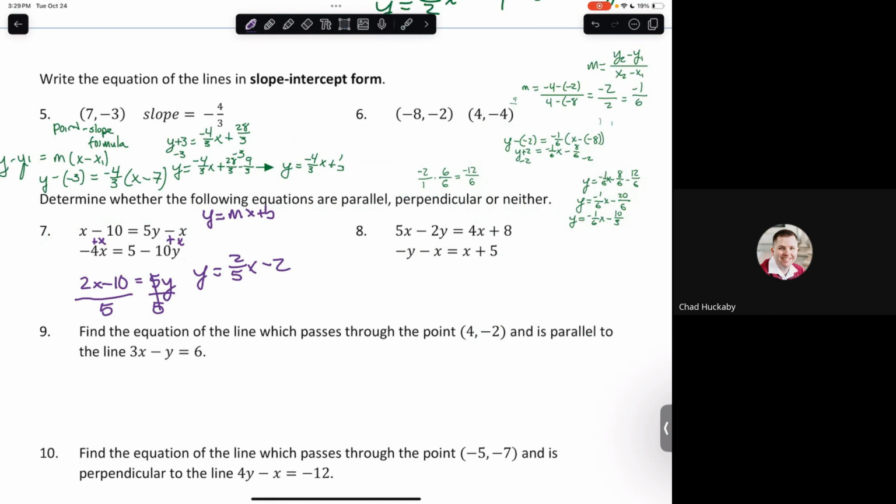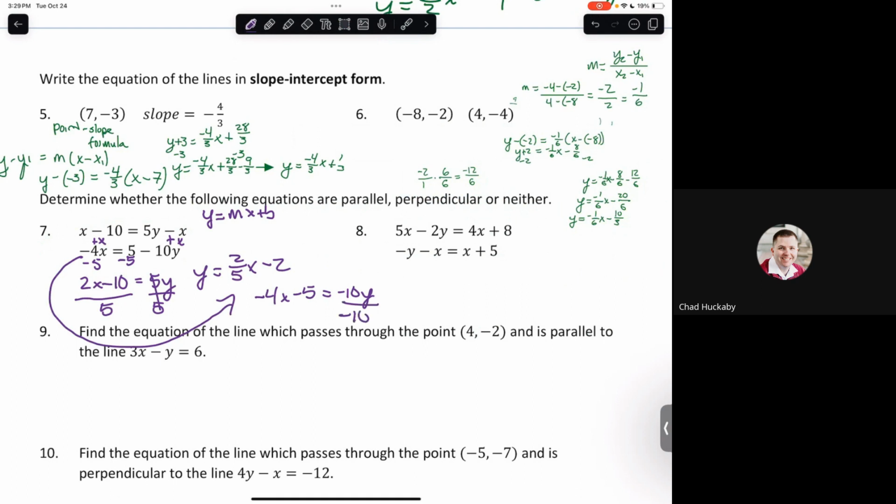In the second equation, we can subtract 5 from both sides, and we get negative 4x minus 5 is equal to negative 10y.